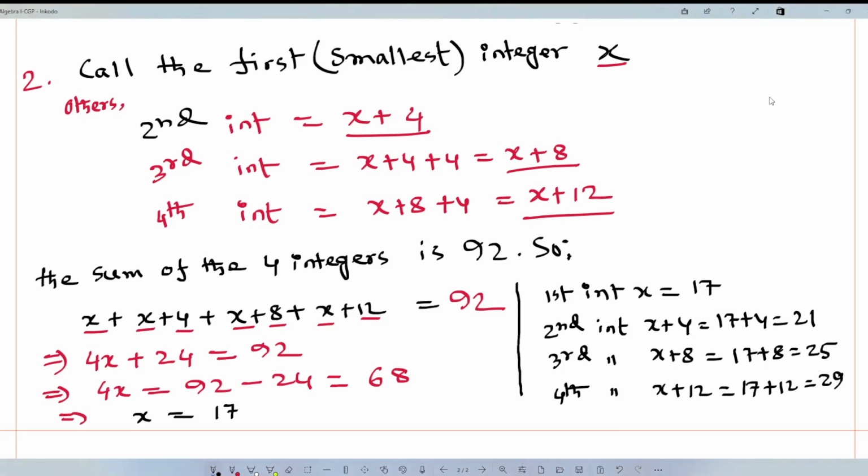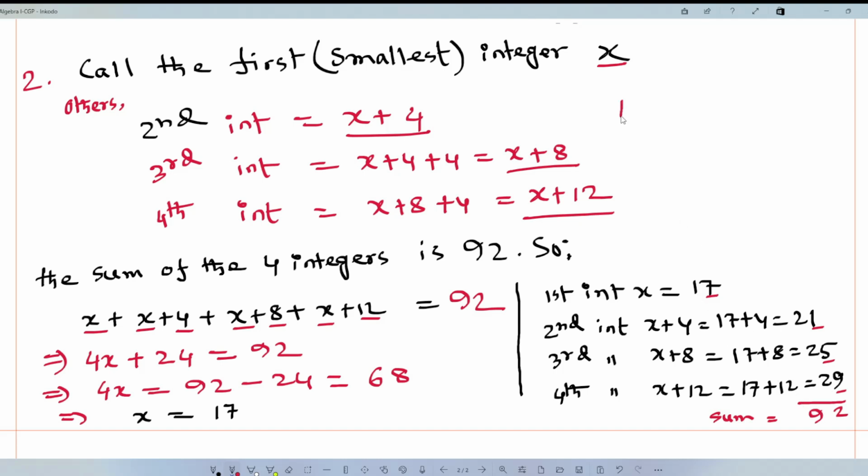Now check if our answer is okay or not. If we sum 17 plus 21 plus 25 plus 29, we get 92.